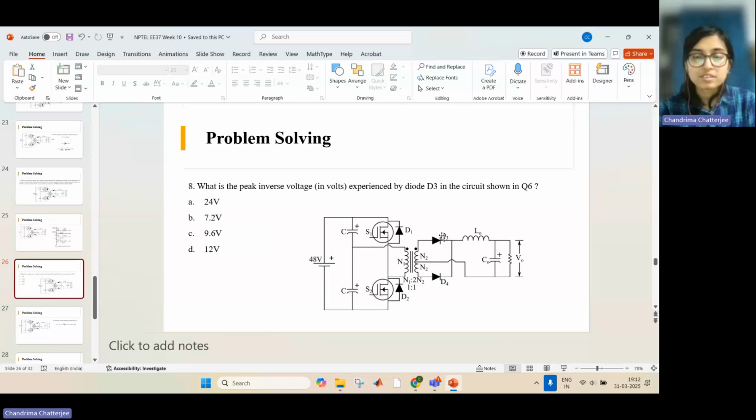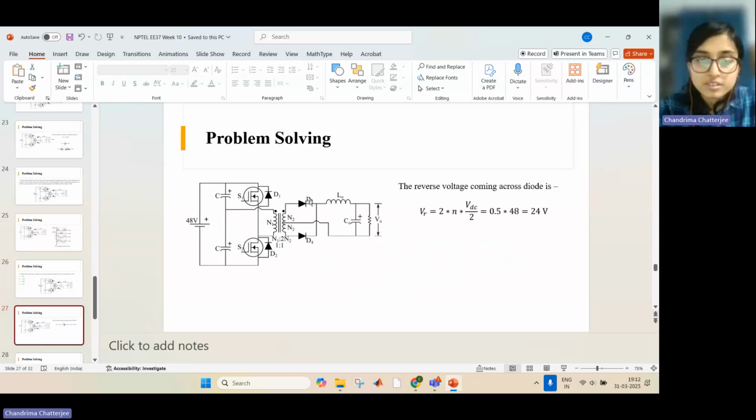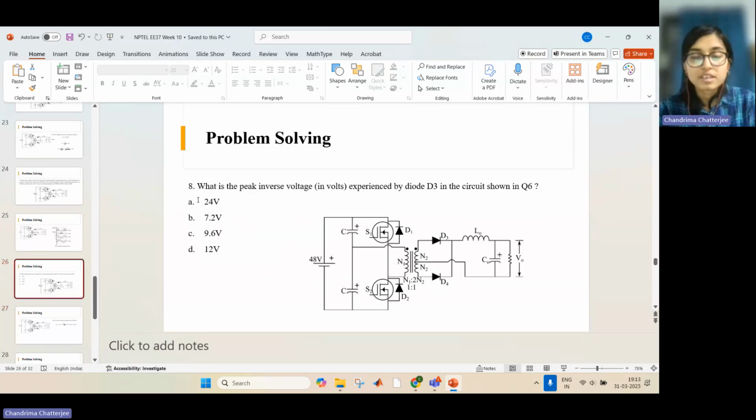withstand a voltage that is twice the secondary voltage in reverse biased condition. Okay. So D3 and D4, both of these diodes, the blocking voltage, the peak inverse voltage will be 2 times the secondary voltage, VDC by 2. So 24 volt is the correct answer.